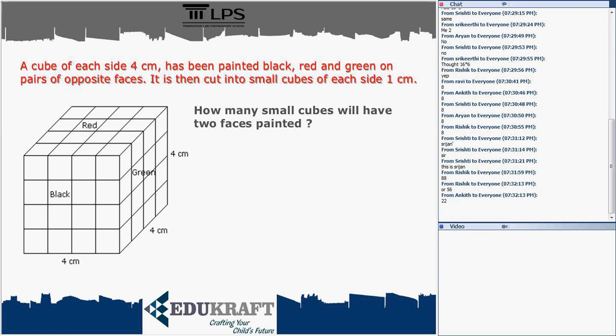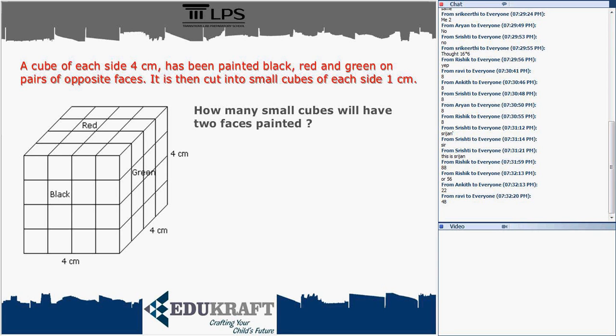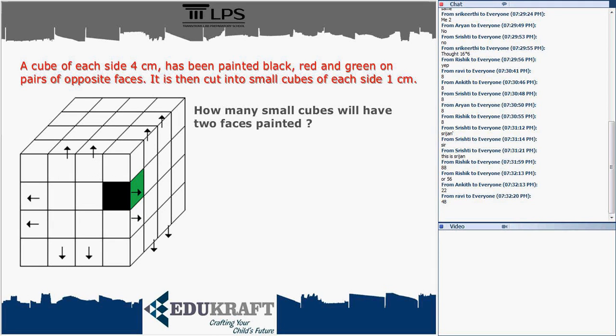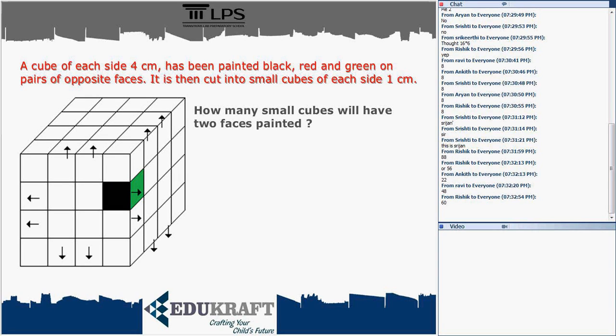I see disparities in the answers. I have a diagram there which overlaps the initial diagram with a hint, showing all those cubes that will have two faces painted.